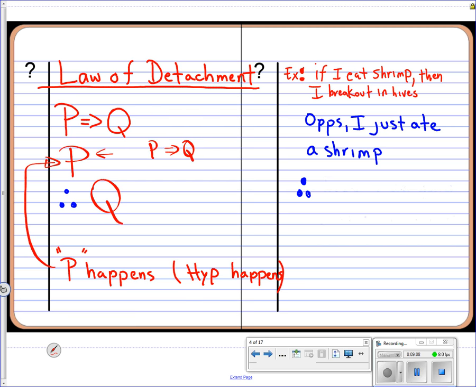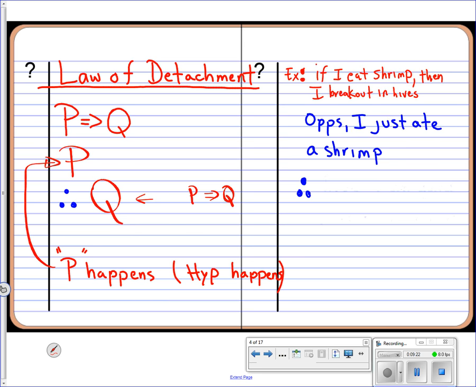P then Q. P happens. My conclusion is then Q must have happened. Okay? All right. So let's see if we can apply this. I have some statements over here. If I eat shrimp, then I break out in hives. Oops, I just ate shrimp. So that is a way of saying, hey, you know what? The first thing just happened. I accidentally ate shrimp.